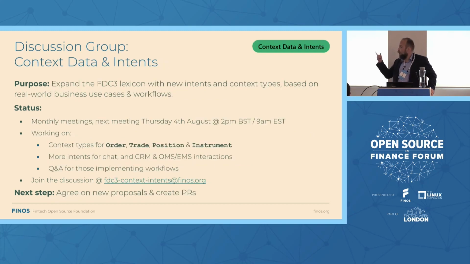We've also got, I've already mentioned, context data and intents group, expanding the lexicon. This currently meets monthly, but we have some breakout meetings as well as we're working on particular things. So I know at the moment we're working on context types for order, trade, position and instrument. I can pick out some faces here, I know, doing some of that work. So we're looking to see, hopefully, to have those up and available for people to start using in the short term.